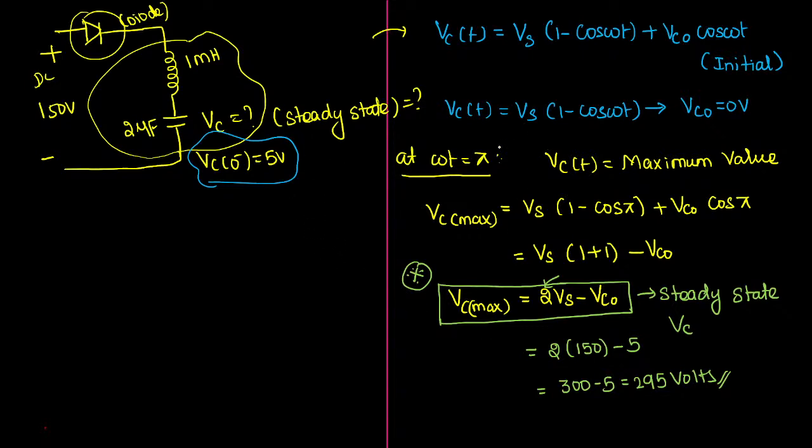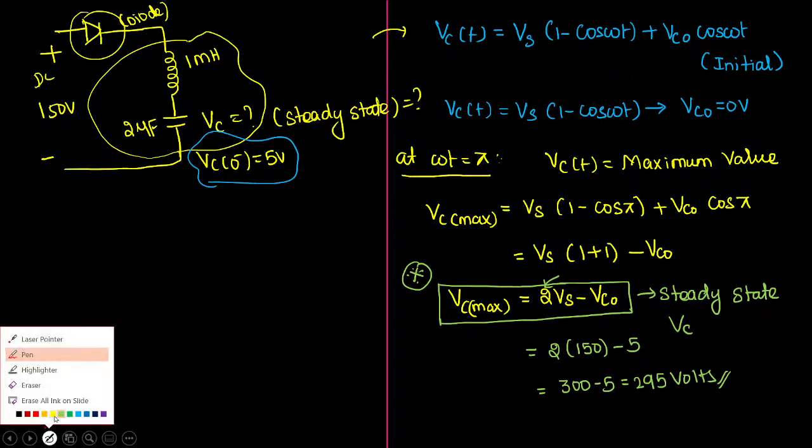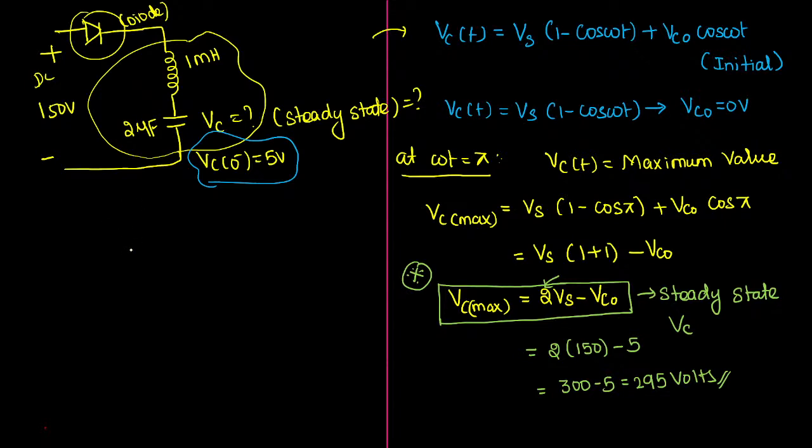Chalo. Let us go ahead with the next question. And here there are a few more things I just wanted to cover. For the LC circuit, what is the maximum peak current through the capacitor, or the maximum peak current through the inductor, or the maximum peak current through the diode, or the maximum peak current supplied by the source?